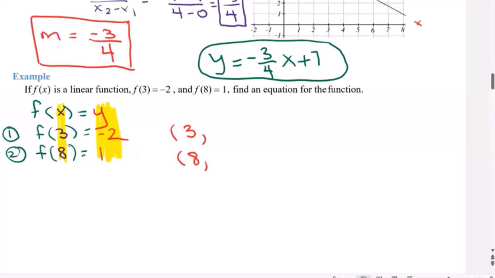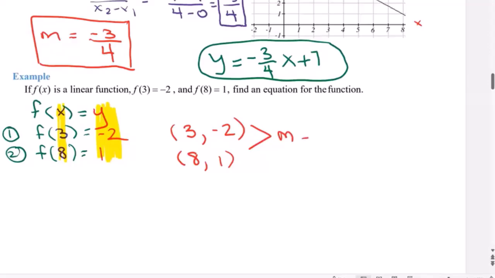So I have the y that goes with 3 is -2. The y that goes with 8 is 1. I have my ordered pairs. I can now find my slope.